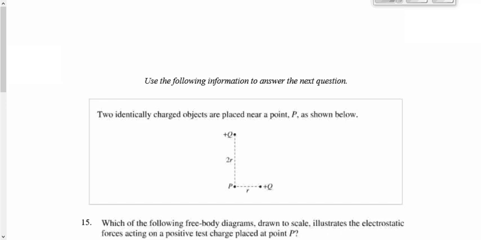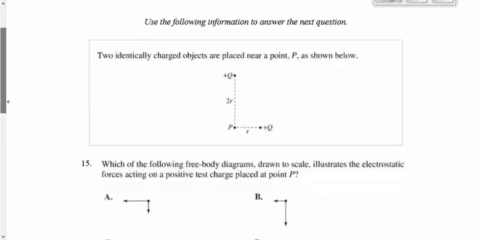15. Two identically charged objects are placed near a point P. Which of the following free body diagrams drawn to scale illustrates the force on a positive test charge at point P? So let's put a positive right here. Actually, let's draw that as a black one here.